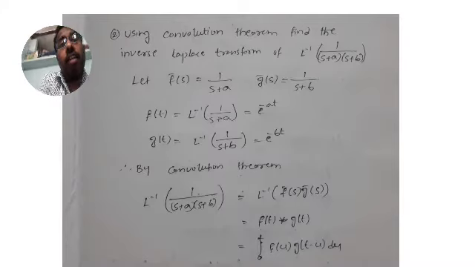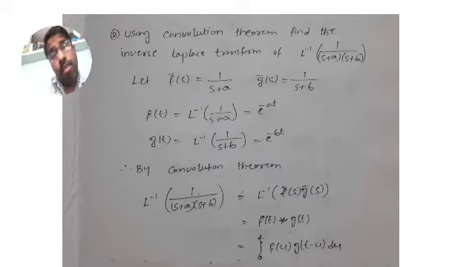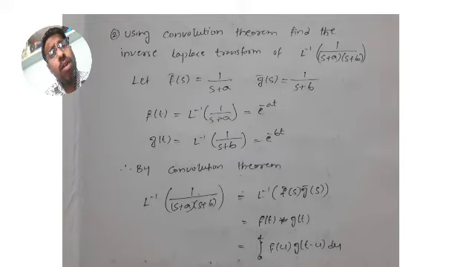Yes, the second problem is very similar to the first problem, but this is a repeated question for 5 marks. Many times it is repeatedly coming in your semester end exam. That's why I chose this problem to explain. It is a very general problem. Once we cover this problem, all problems of this type you can do.